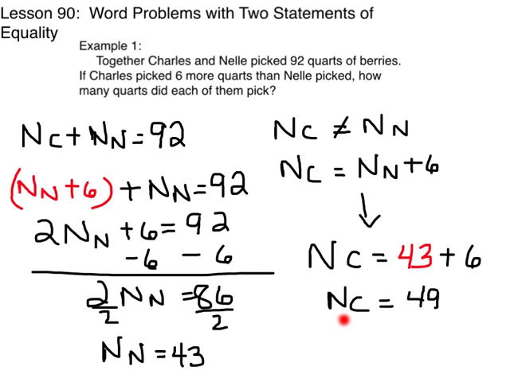We know that the number that Nell picked plus 6 would equal the number that Charles picked. So if we take the 43 that Nell picked and add 6 to it, we get 49, and 49 and 43 do add up to a total of 92.